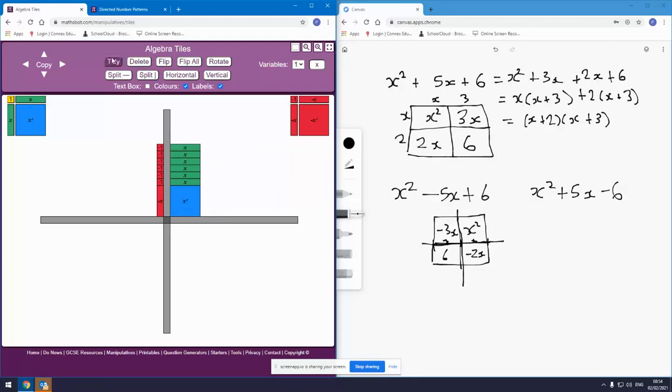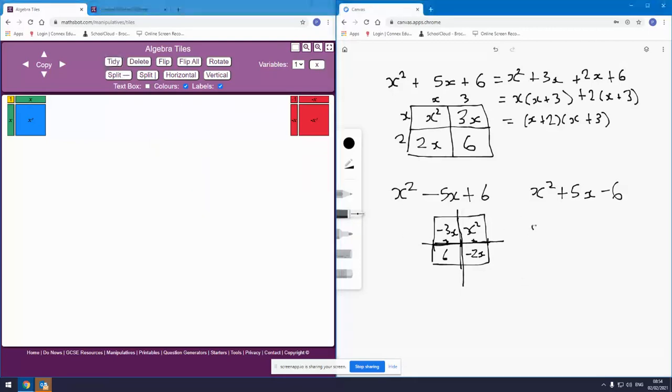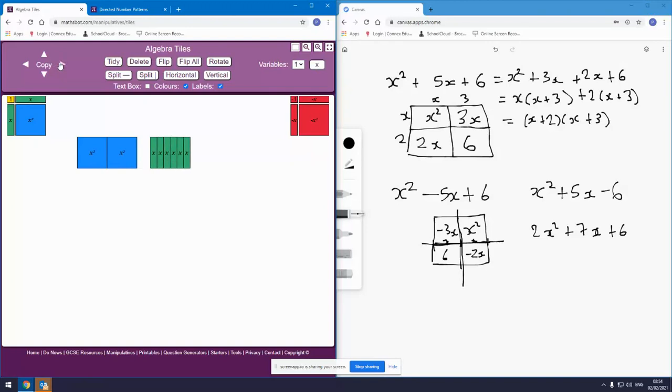The final one I want to look at just very quickly is something like where we've got 2x squared, so we have a coefficient greater than 1 on our x squared. So we can build that in the same way, 2x squared, 7x, and 6.